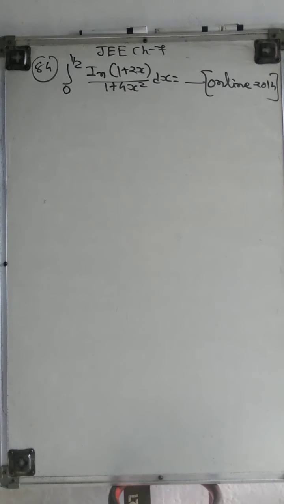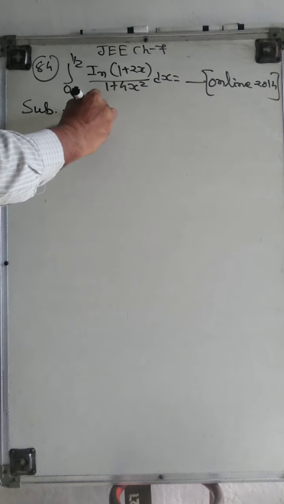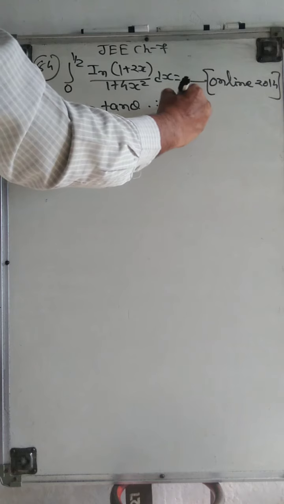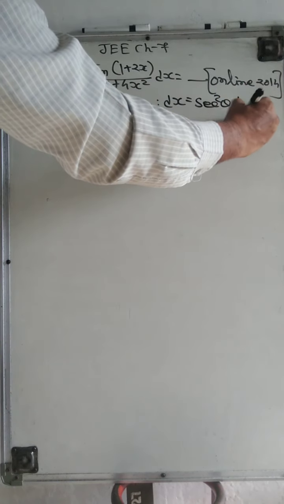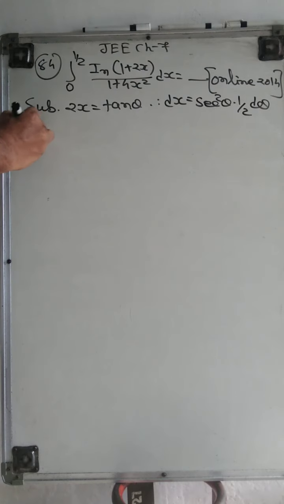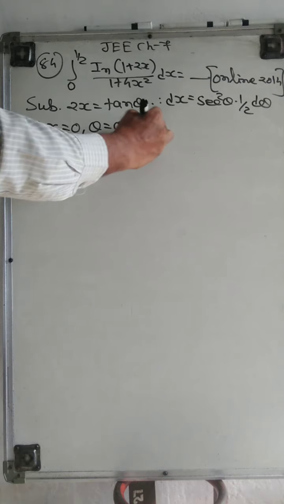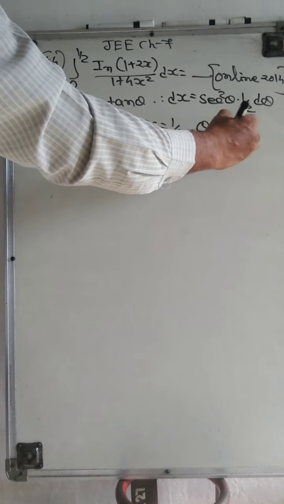Here we take the substitution 2x equal to tan theta. Therefore, dx equal to sec square theta times 1 by 2 d theta. As x equal to 0, theta is 0, and x equal to half, theta is pi by 4.